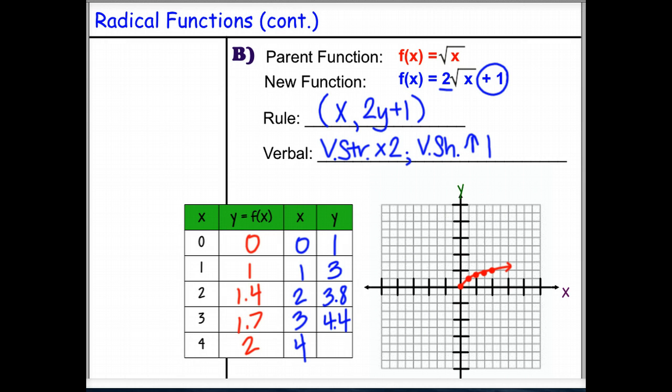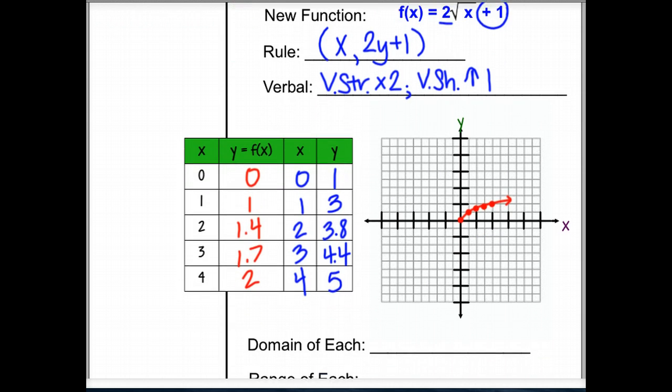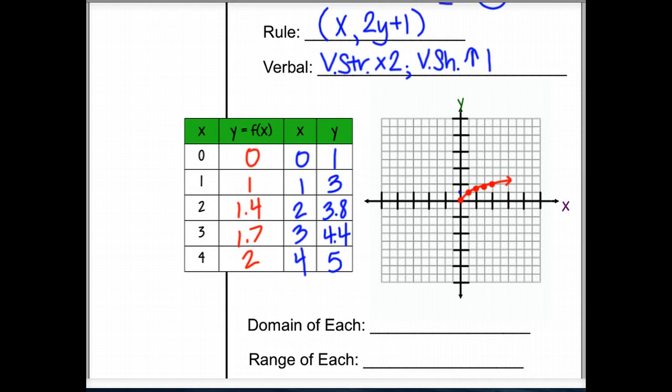And 2 times 2 is 4, plus 1 is 5. When we go ahead and graph this, we have (0, 1), (1, 3), (2, 3.8), (3, 4.4), and (4, 5).